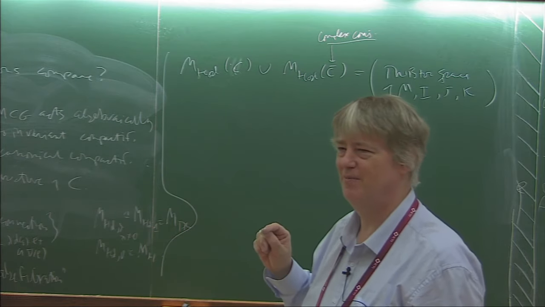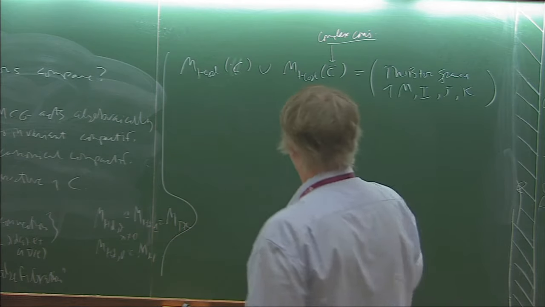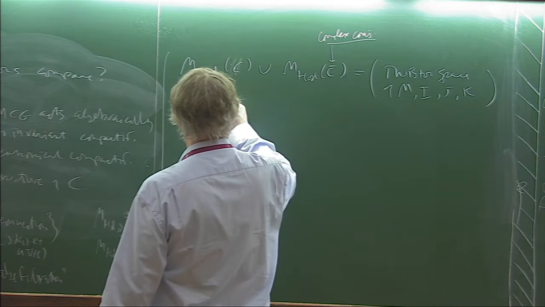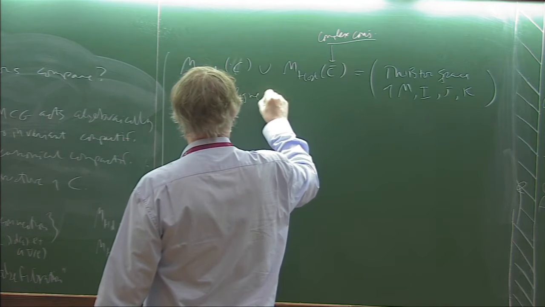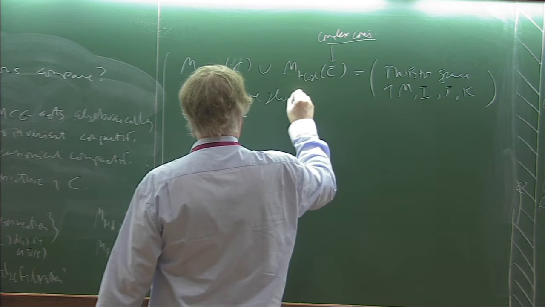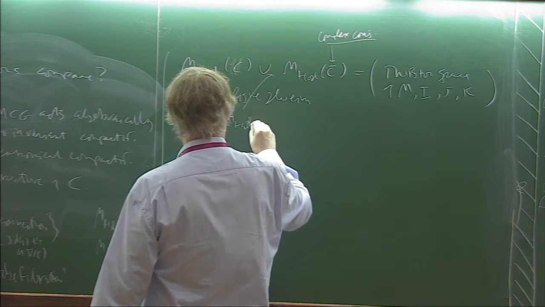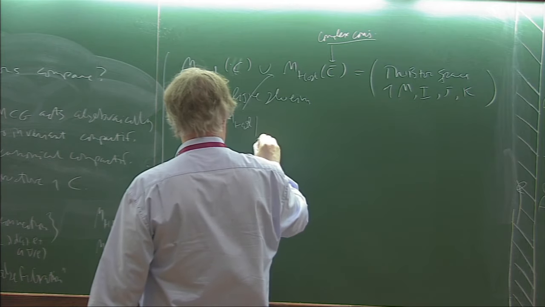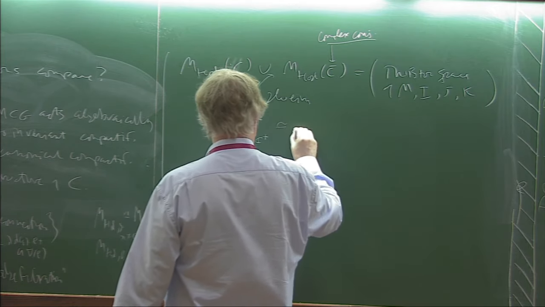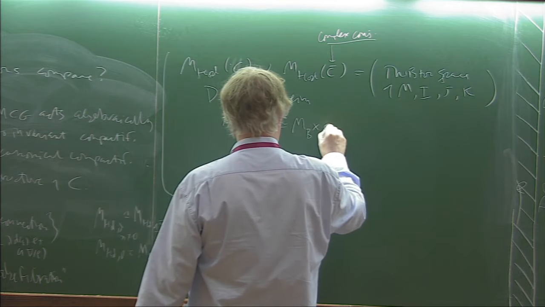But this is called the Deligne gluing. We're gluing over M Hodge restricted to C star, which is isomorphic to M Betti cross C star analytic.